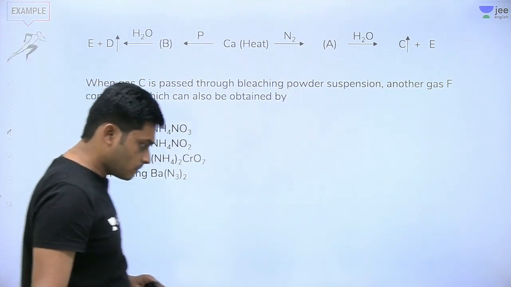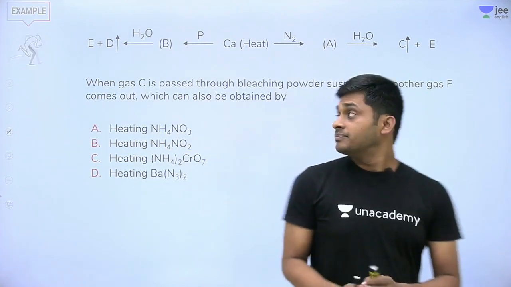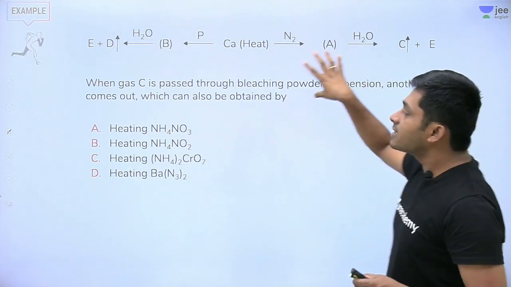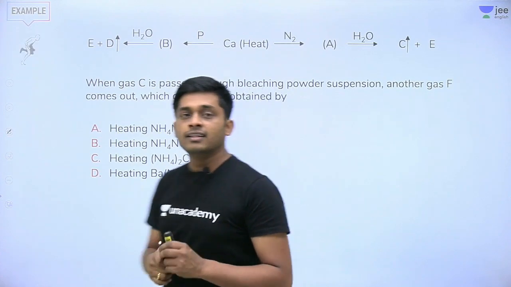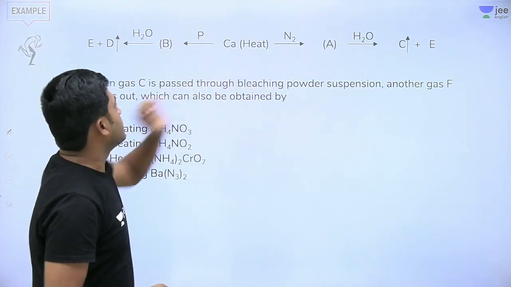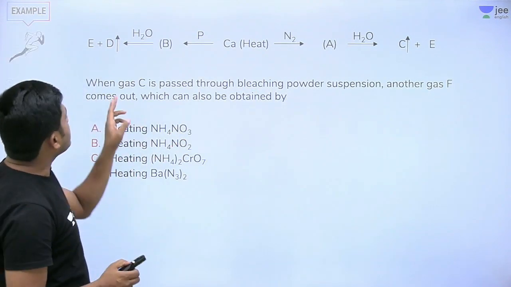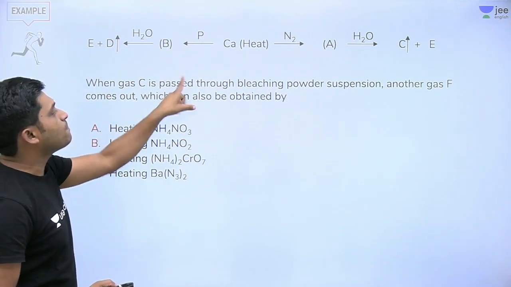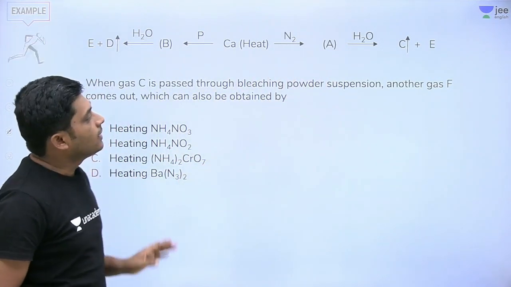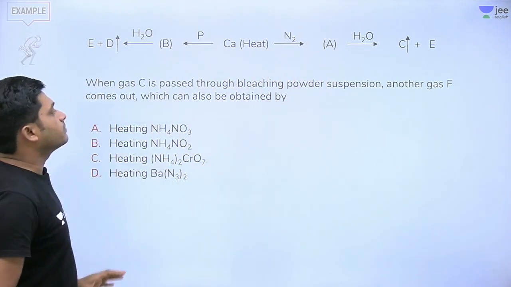This one. Here, a very simple reactions, but see the question is different. First find out A, C. Okay, the question: when the gas C is passed through bleaching powder suspension, another gas F comes out.